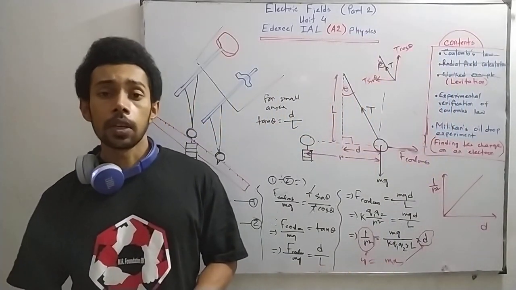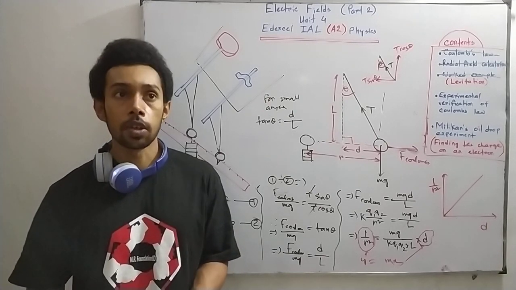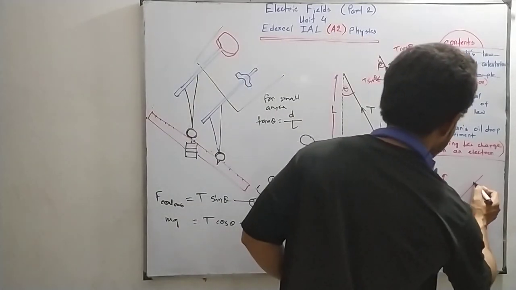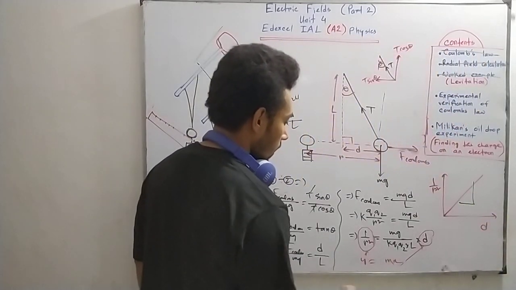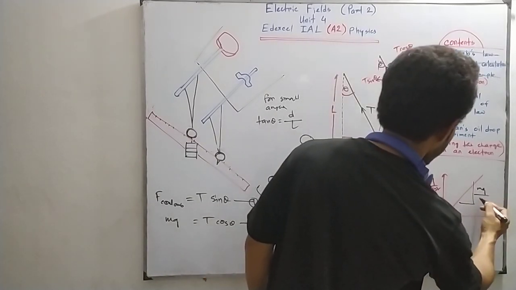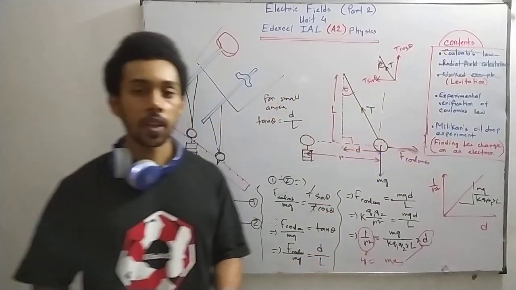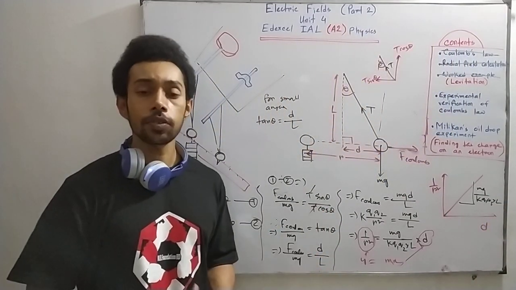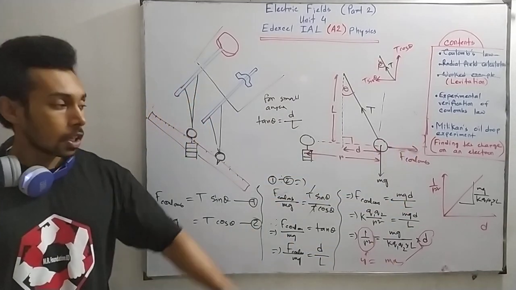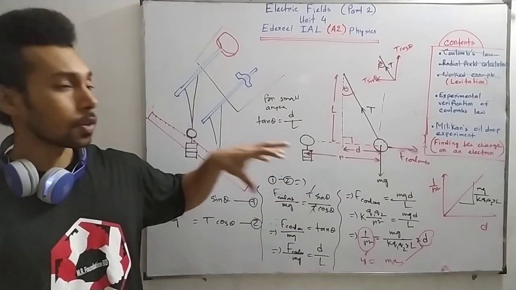If the graph is a straight line, it supports Coulomb's law. So Coulomb's law is verified. The gradient of the graph of 1 by r square against d will give you mg divided by k q1 q2 L. If 1 by r square against d is a straight line passing through the origin, the law is verified. This is the experimental verification of Coulomb's law.